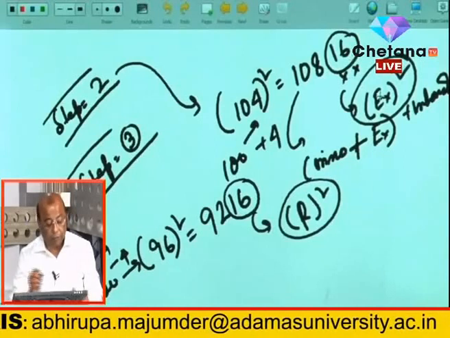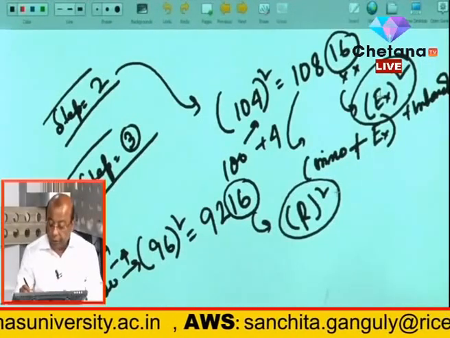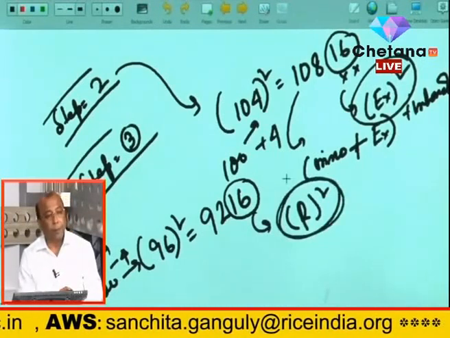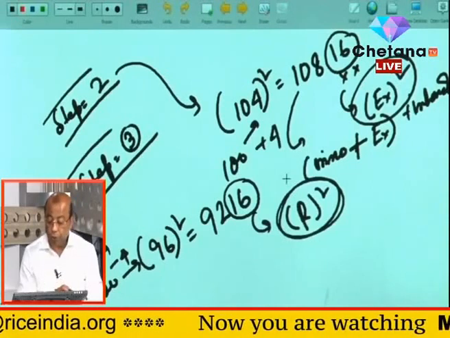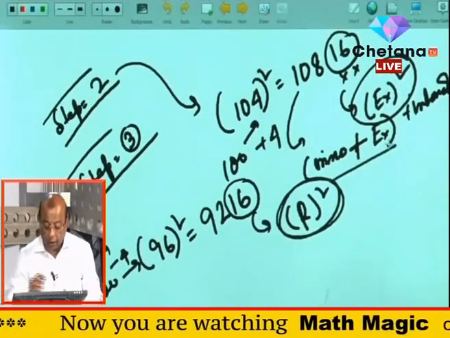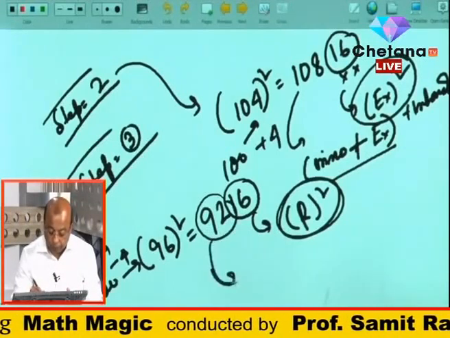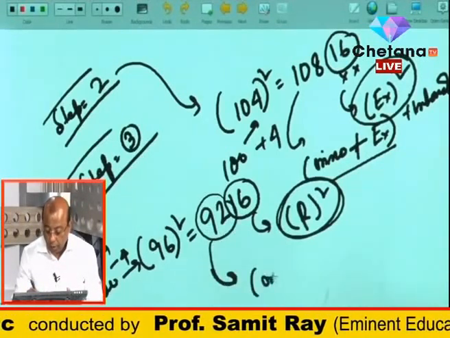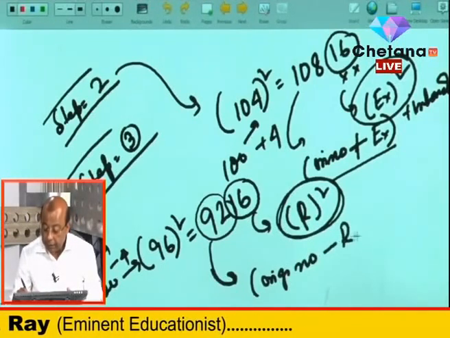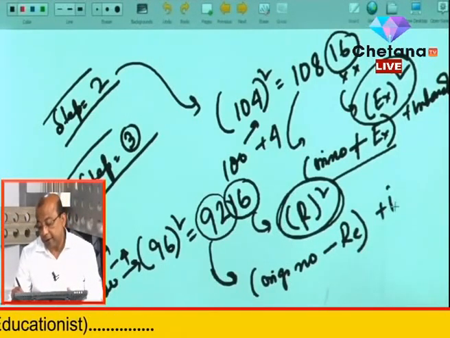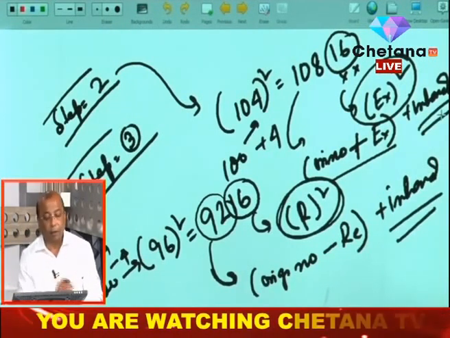In step 2, it is extra whole square. In step 3, it is reduction whole square. In step 2, original number plus extra. In step 3, original number minus reduction plus in hand. The same.